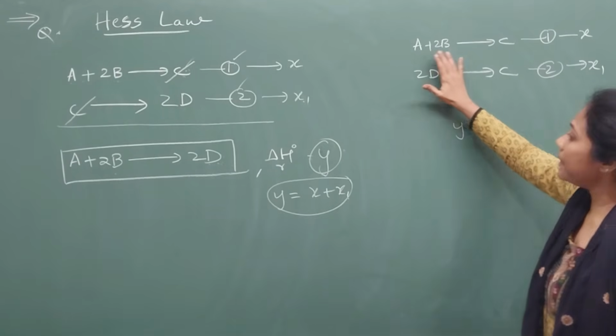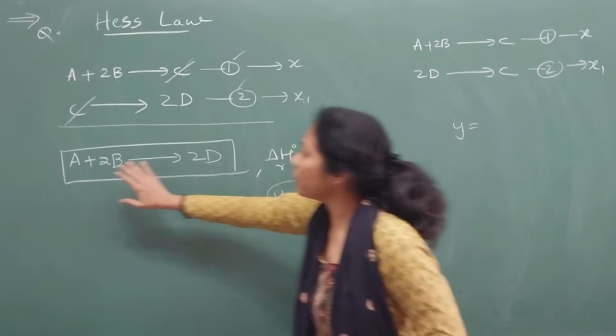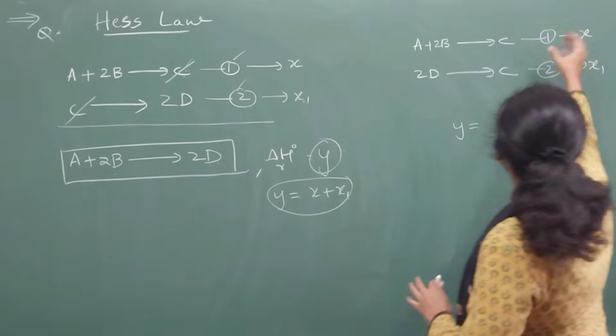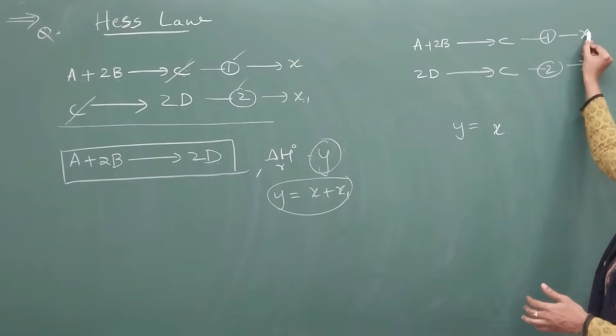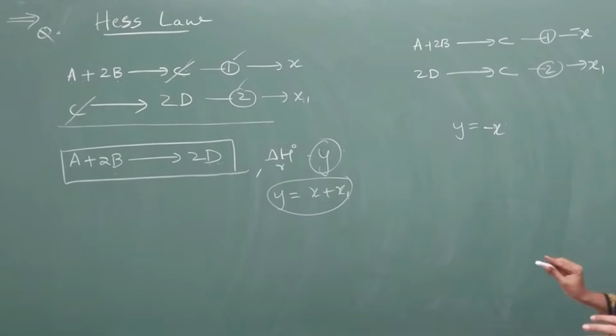A plus 2B is on the reactant side, so its enthalpy you will take as it is, the X value. If it is minus X given, you will take minus X as it is.